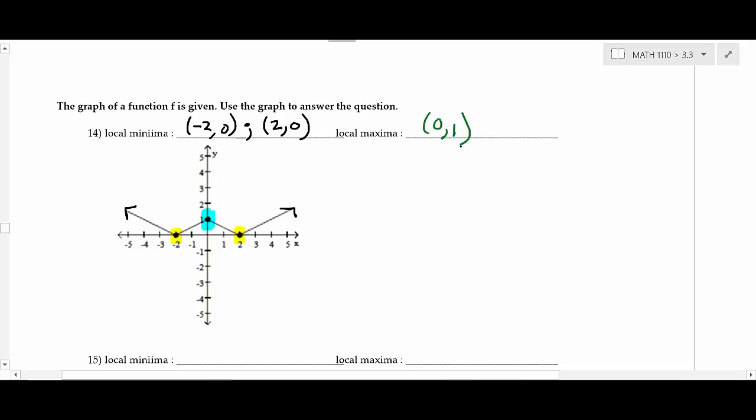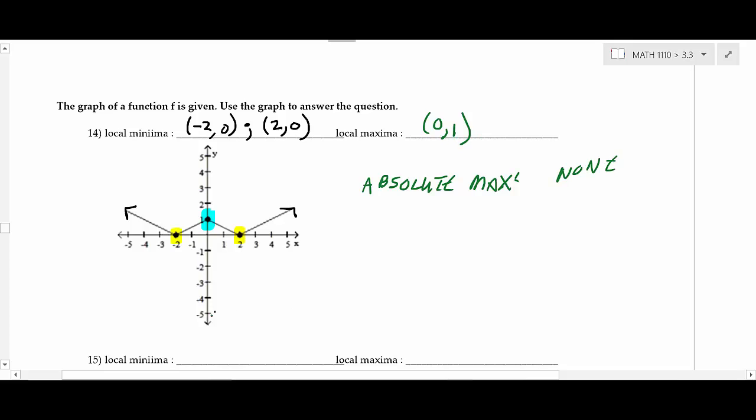What if I ask for this? If I said absolute max on this, what would you conclude about that? Does that graph ever hit an absolute high point, or does it just get higher forever? It's higher forever, right? That's what those arrows are saying. So you would not have an absolute max on that.